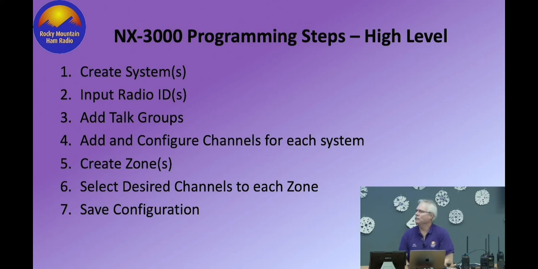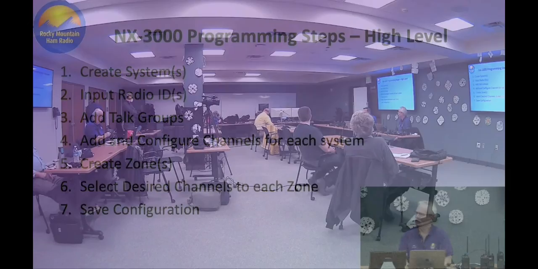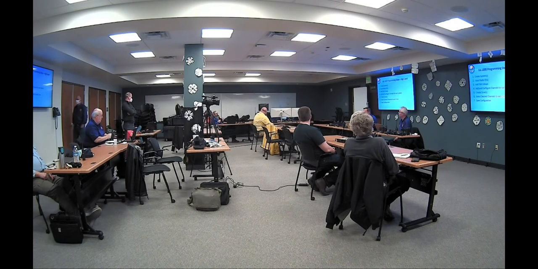Go ahead, Willem. Also noticed that they seem to be inconsistent in their naming. Sometimes they call it a channel and sometimes they call it a personality. Is there a distinction, or is that truly the same thing? In the 3000 series, I consider it the same thing. When you get to the 5000, there's a channel and personality mode, but I always think of the personality as the channel.